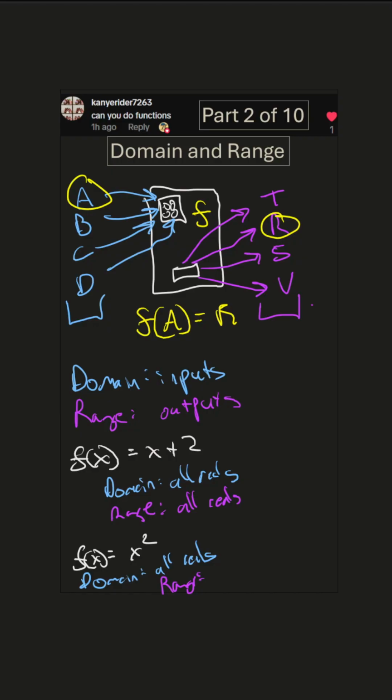Since we're squaring x, we can't get any negative results. How can you get a negative number by squaring something? Yeah, you can't do that. So the range here, we're going to call the output y. It's greater than or equal to 0, because 0 is the smallest number you can get by squaring something.